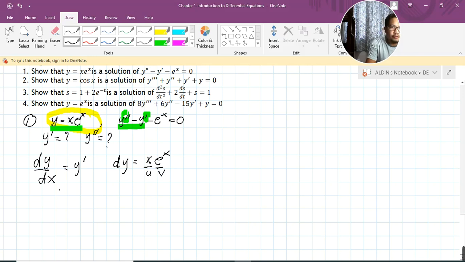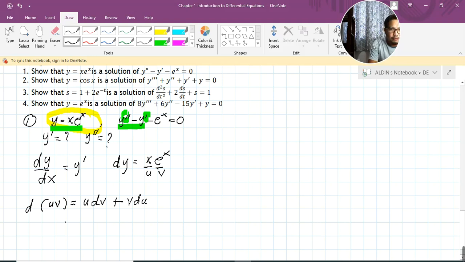Isulat ko dito yung formula para di tayo malito. So, the derivative of u and v is equals to u multiplied by the derivative of v, plus v times the derivative of u. Okay, basic solution yung gawin ko.